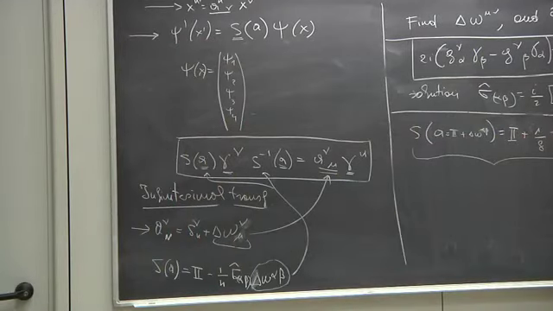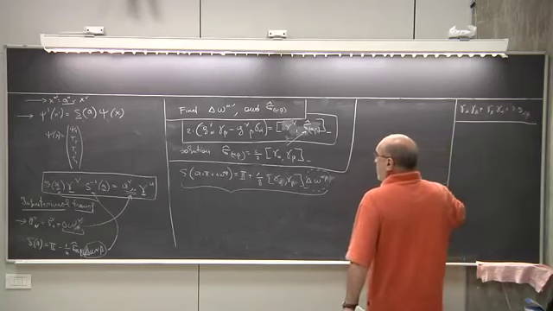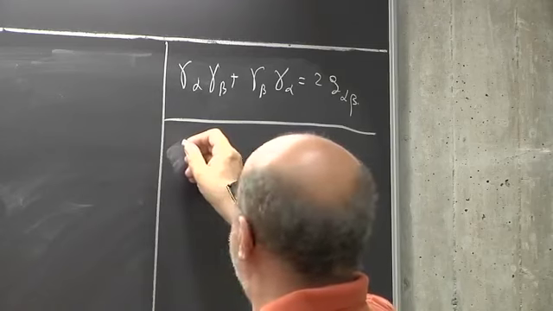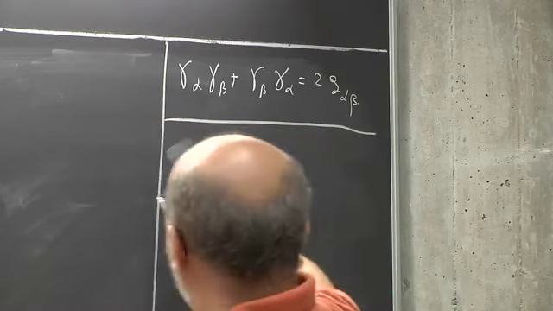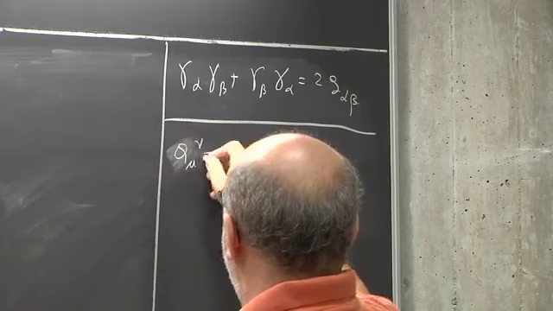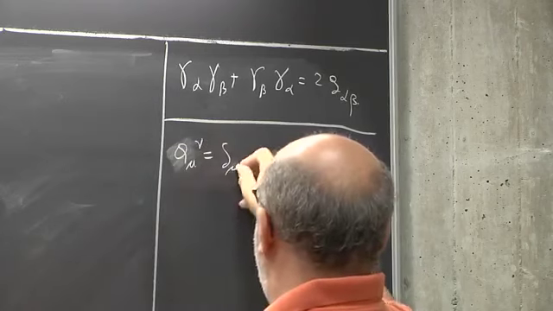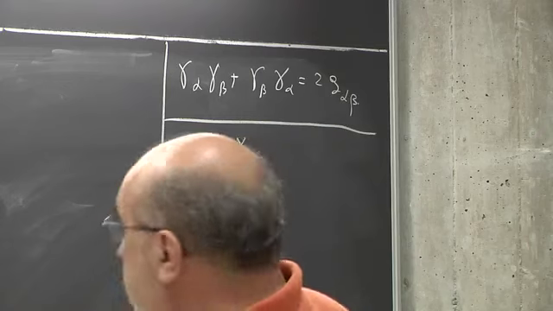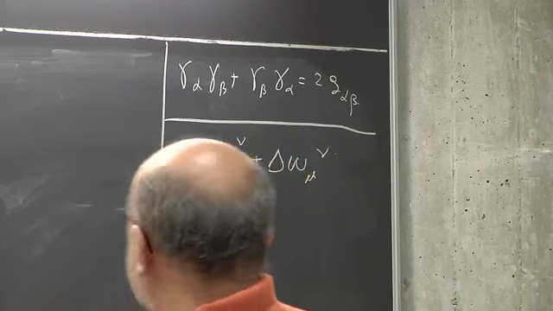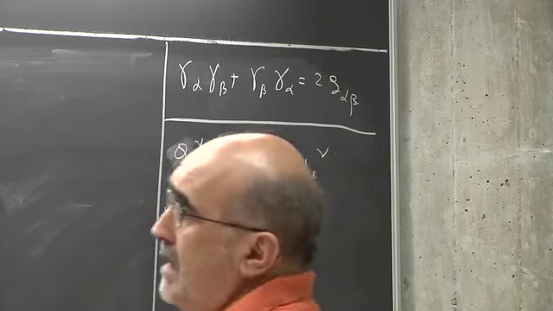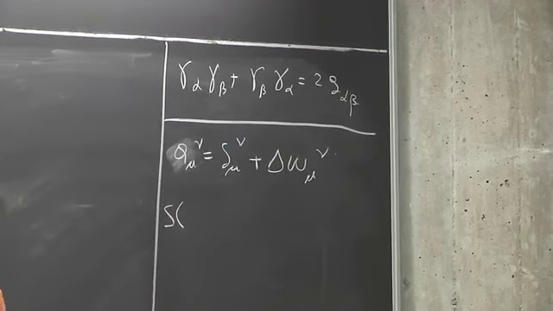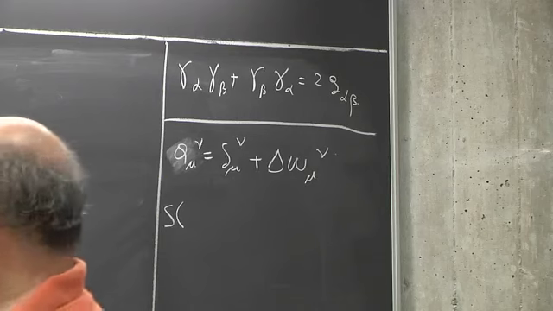Okay, so let's go and see how it is. Now, let me write down here the things that we need. So we have that S. Okay, so let me write down all we need here. Okay, A mu nu is equal to delta mu nu plus delta omega mu nu. And then we have that S. Let me indicate S of just this object, not A equal, because after all, this is a constant and S is only a function of this.